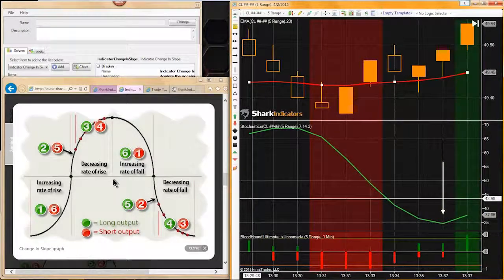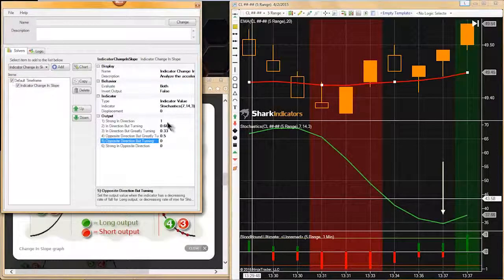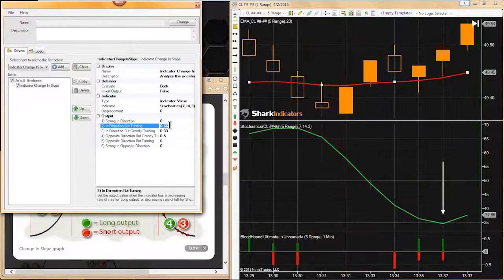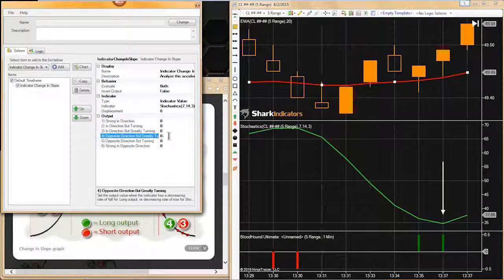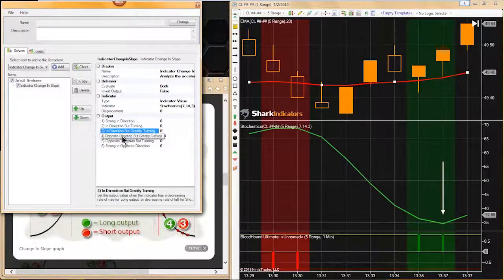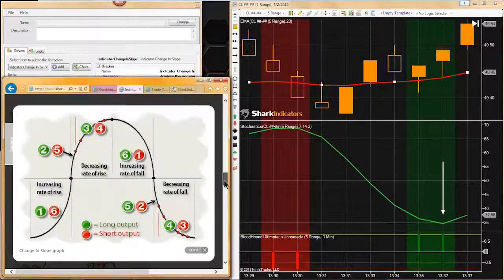That's where the change in slope solver would be helpful to you, getting a heads up, an indication of when your indicator is beginning to roll over to the opposite direction. So if I just wanted to use this change in slope solver to warn me when the stochastic is beginning to roll over, I could just use the number 4 here.